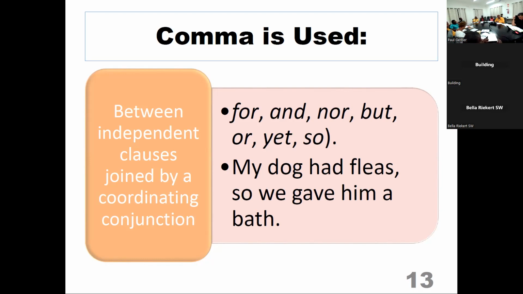Sorry, just to ask as well, I'm used to writing co-ordinating with a hyphen. Is this the standard that we are learning tonight? Oh yeah, coordinating.